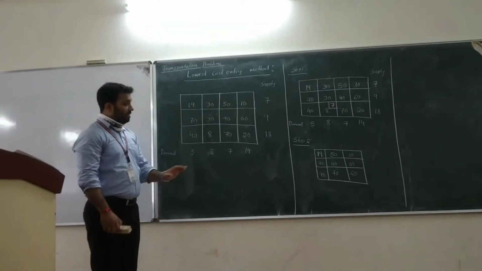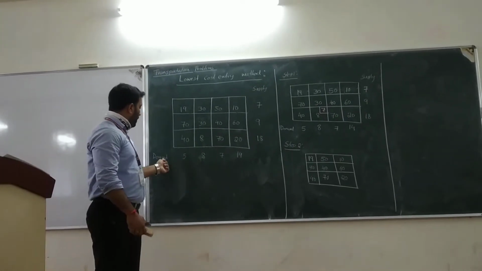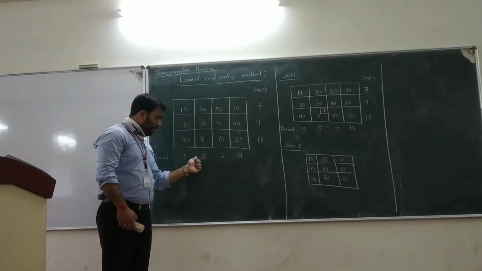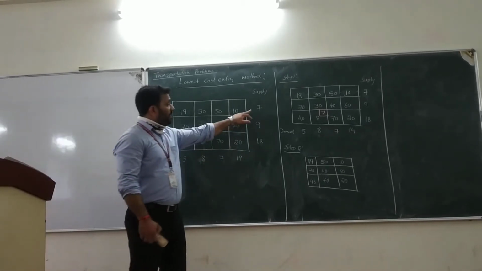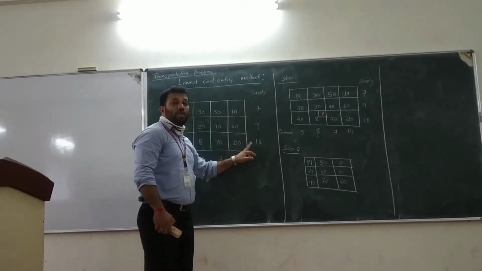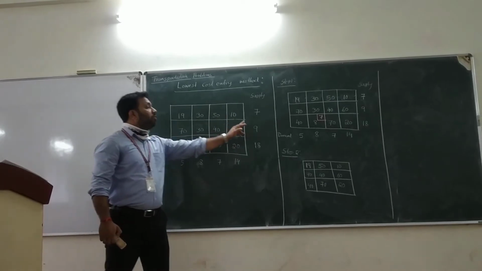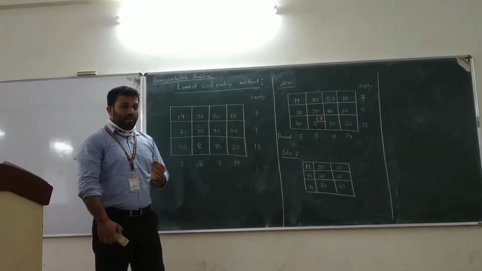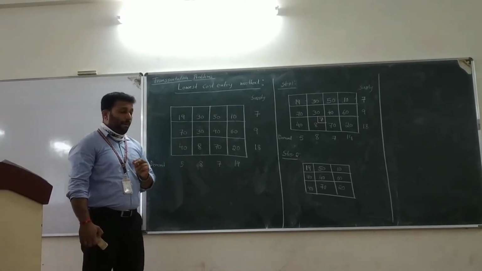We have to check whether the problem is balanced or not. We add all the demands, 5 plus 8 plus 7 plus 14, that is equal to 34. Similarly 7 plus 9 plus 18 is equal to 34. When the total demand is equal to the total supply, the problem is said to be balanced.